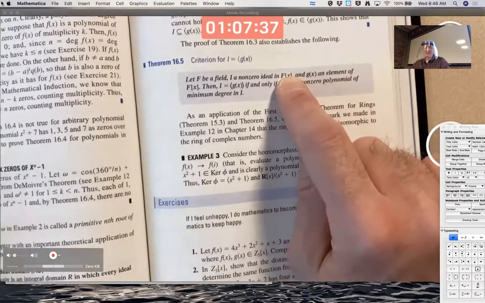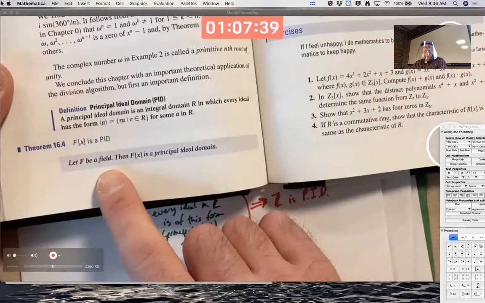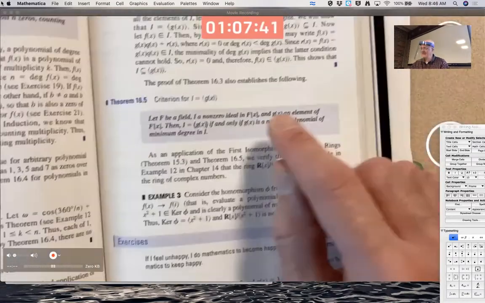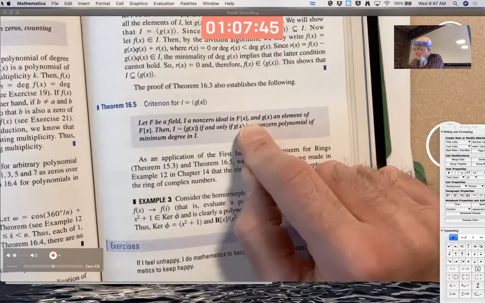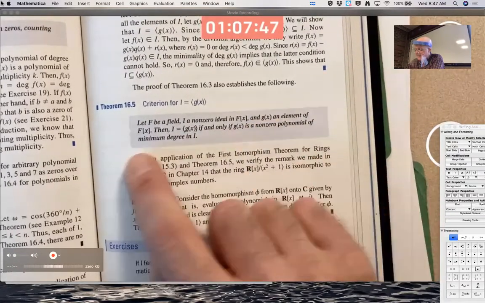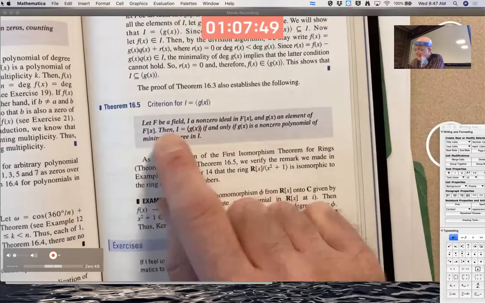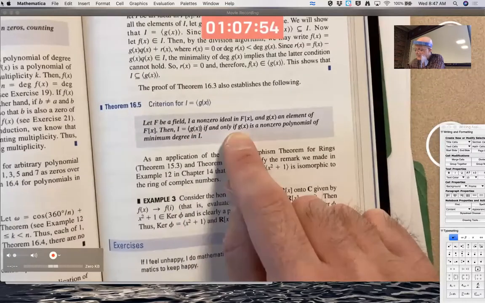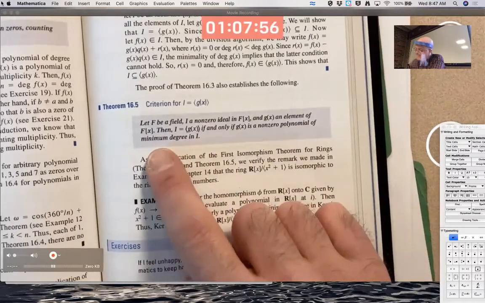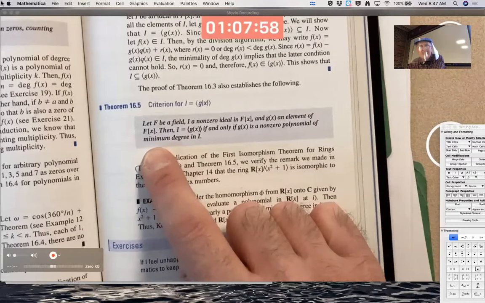It is, by this theorem, a principal ideal domain. So every ideal in F[x] is a principal ideal. Let g(x) be an element in this polynomial ring, then I equals the ideal generated by g(x) if and only if g(x) is a non-zero polynomial of minimum degree in I. Emphasis on the words minimum degree.